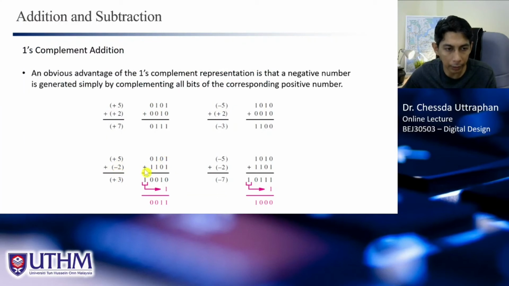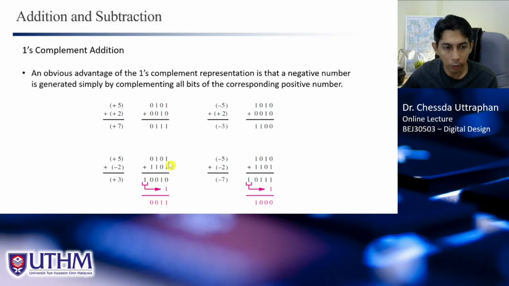This is 5 plus minus 2 in first complement representation. When we add these two, we have this. And we know that 5 minus 2 is 3, but this is 2, so the answer is wrong here. So we need to do a correction where we take this carry and put it here, and we add the carry, we have 3, and this is the answer. So 5 minus 2, we have 3, which is good also.